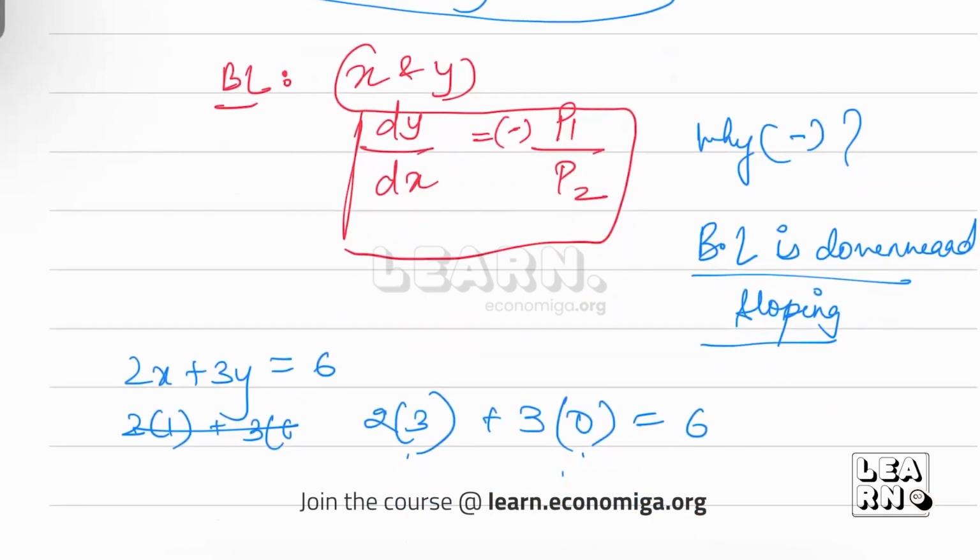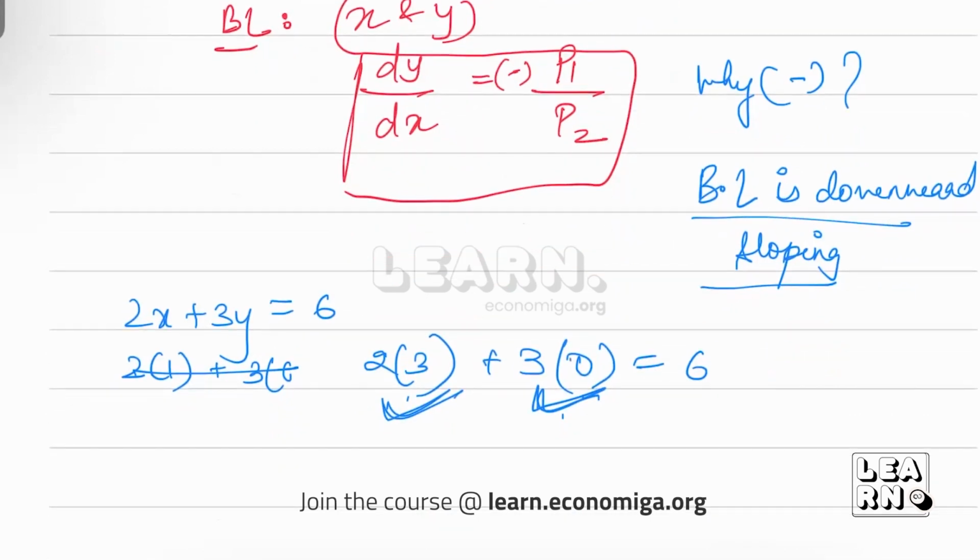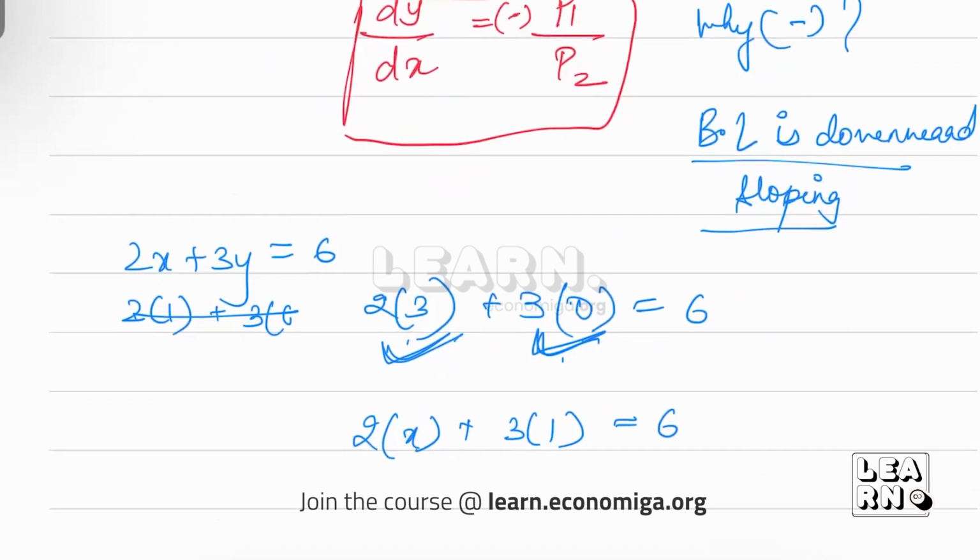But if I want to increase Y, I cannot increase it while keeping X the same or increasing X at the same time. For example, if I want to consume 1 unit of Y now, let's find out what X will be. So 2X is equal to 3, X is equal to 1.5. As you can see, if I'm increasing the amount of Y I'm consuming, I have to reduce the amount of X because the consumer's money income is limited.